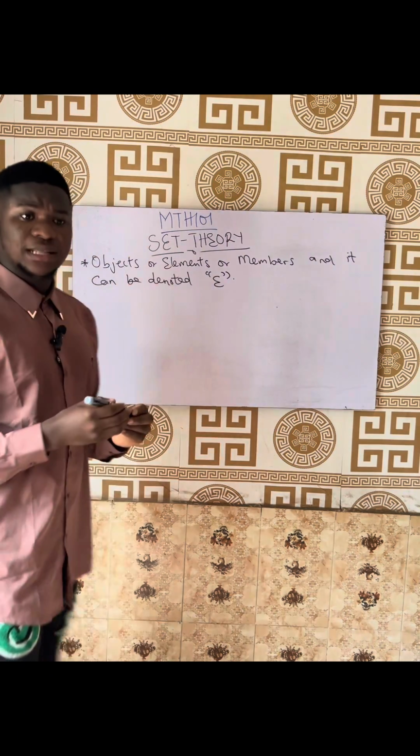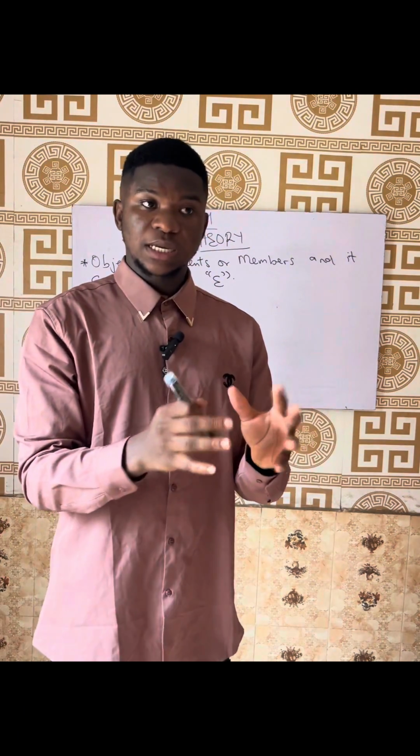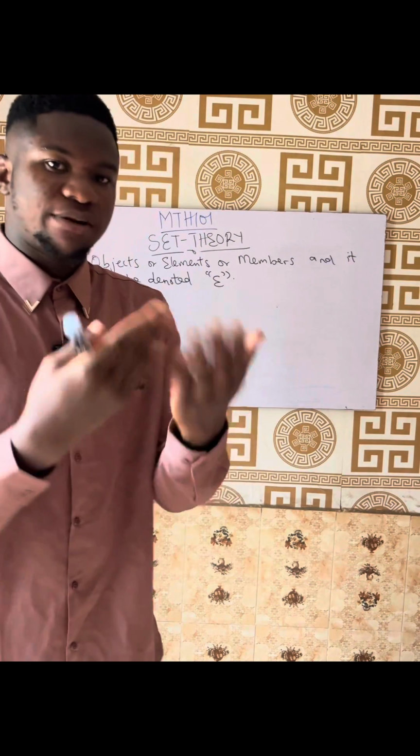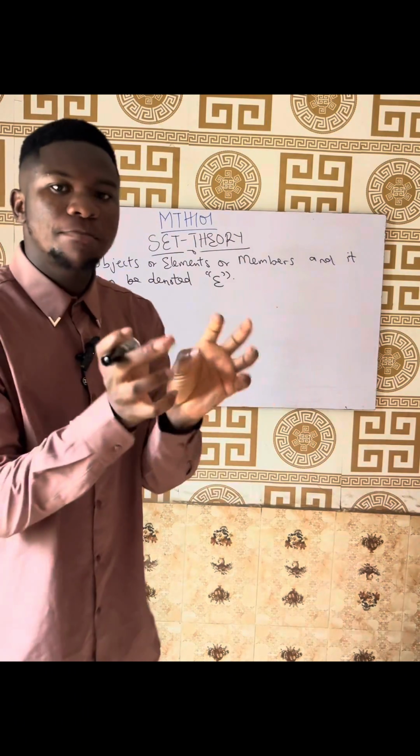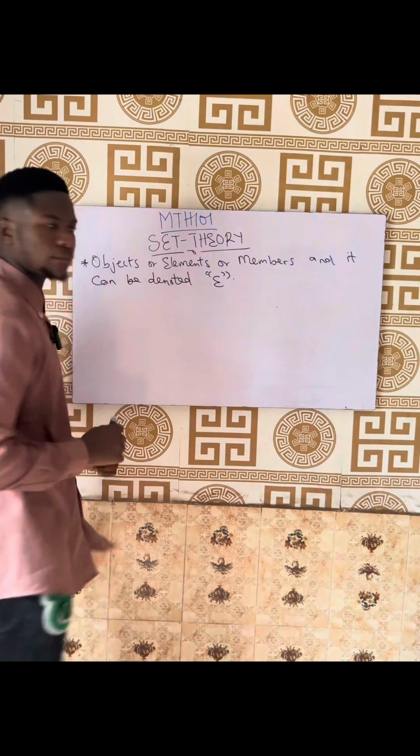Since we already know that a set is a collection of objects, the object present in a particular set can be referred to as the element or members, and it can be represented by this sign. Are you there with me?